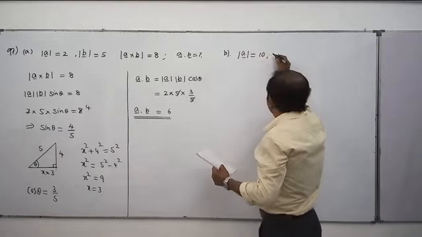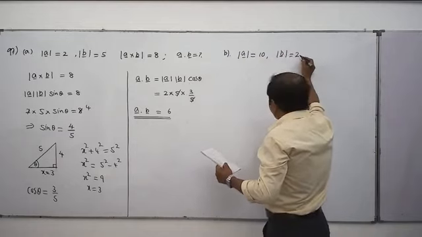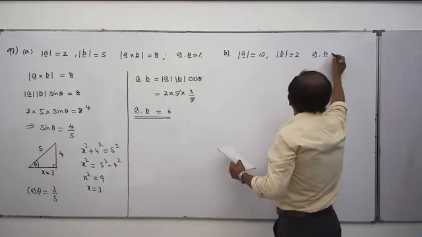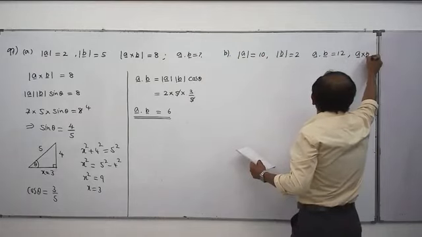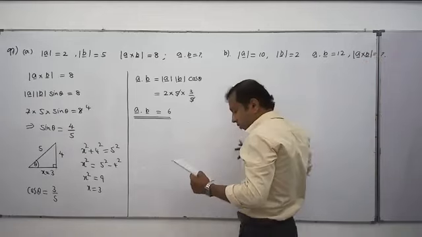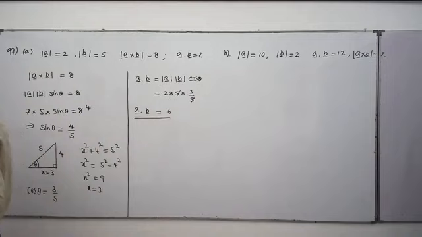Modulus of B is 2, right? And given A dot B as 12, and asking people A cross B modulus. Asking A cross B modulus. Now I think you can take this answer.